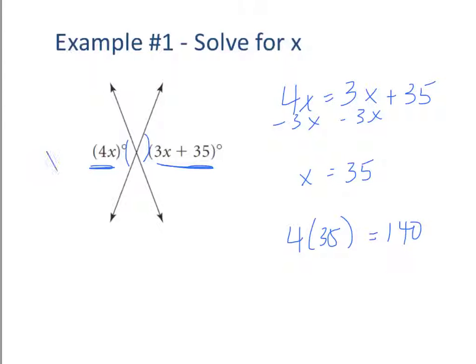So these two angles would be 140 degrees because they're the same. Then the other two angles that aren't really given, I know these are supplementary. So if I take 180 minus 140, these two would have to be 40 and 40. So when I have vertical angles that form an X, if I know one angle, I know them all.